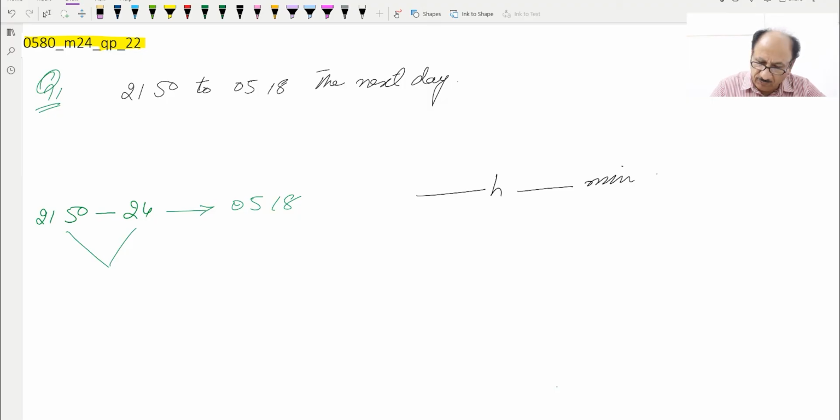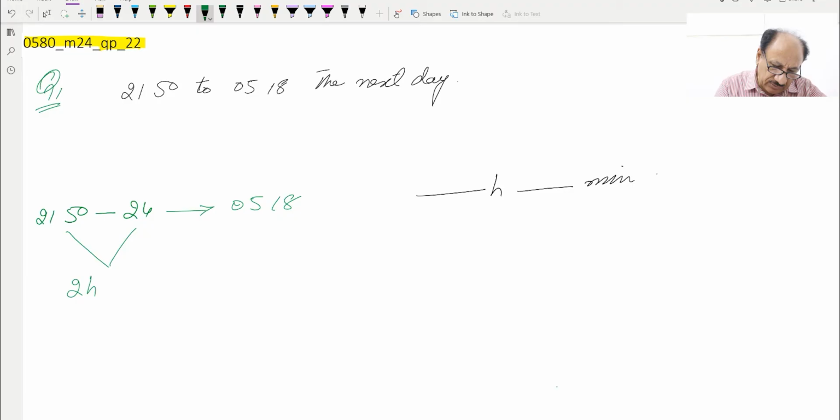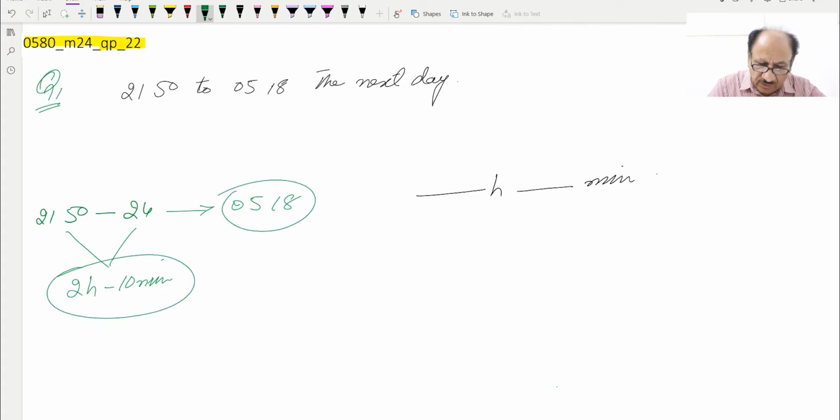So 24 hours, and we subtract from this 21 hours and 50 minutes, and if we calculate, this is 2 hours and 10 minutes. In this time we will be adding 0518.